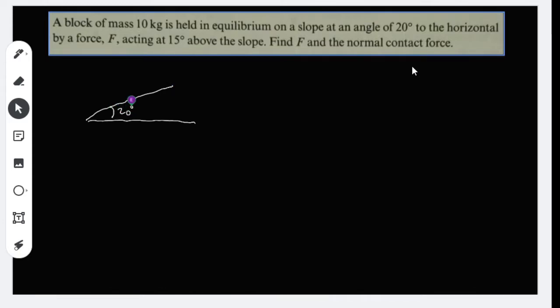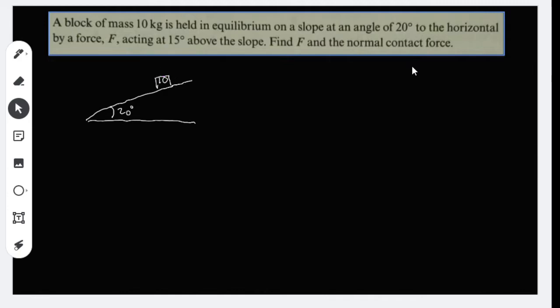Okay, that's 20 degrees. So we can just extend it a little bit. So let's draw the given block of mass, which is 10 kilograms. So it's here. So this is 10.